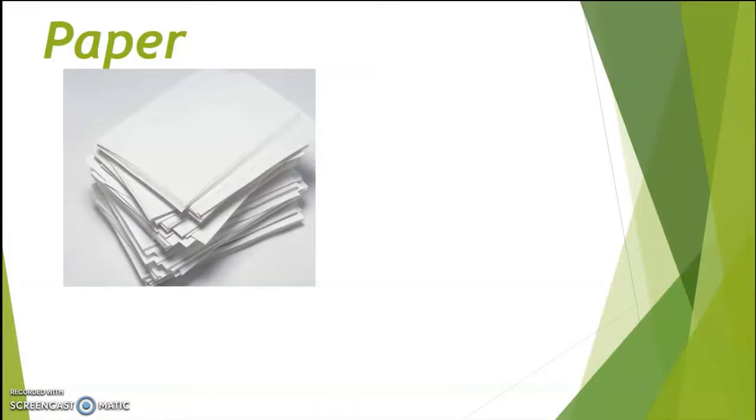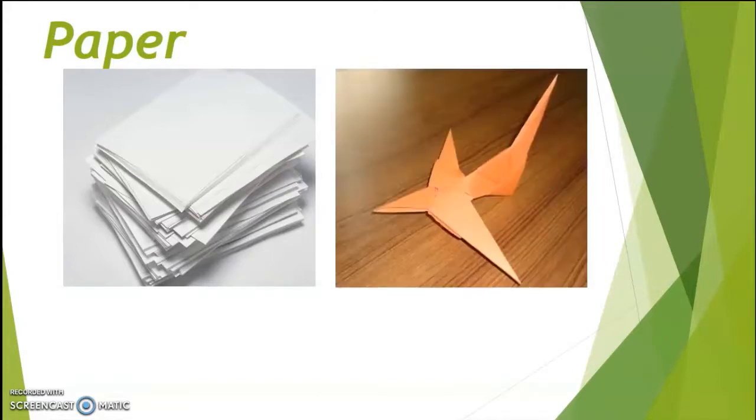Okay, and then this one, paper. Look at the picture. Yes, that is paper. And this one is an airplane or a jet or the shape of a bird made of paper. So this is the material that you can use to make things like this.